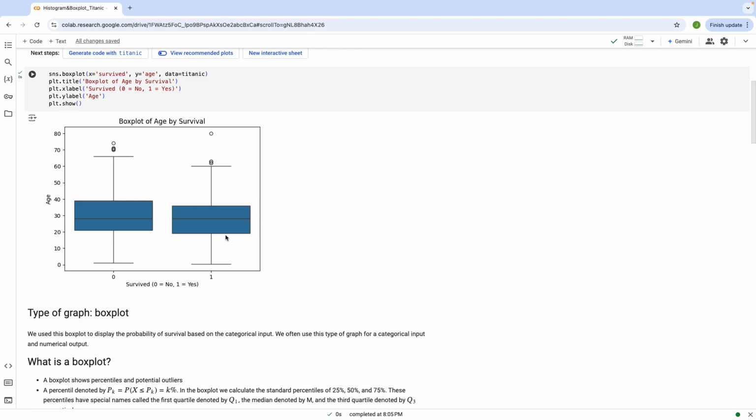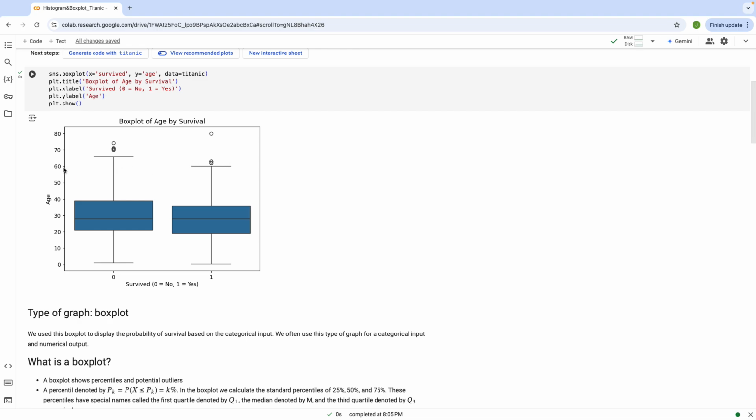Another fact from these quartiles is that 50% of the data is in the box, meaning that 50% of the people who survived have an age between 19 and 36 years of age. Now, this right here, that's called the upper fence.